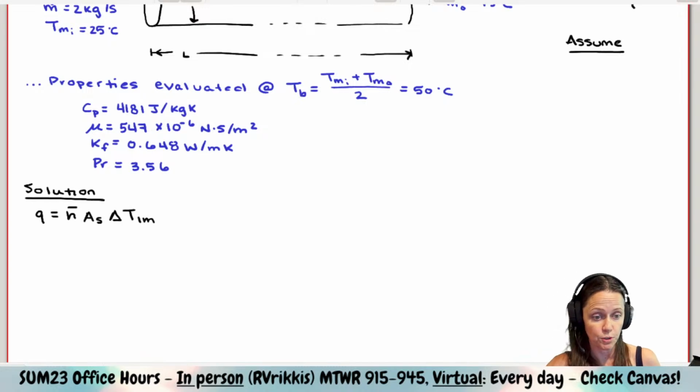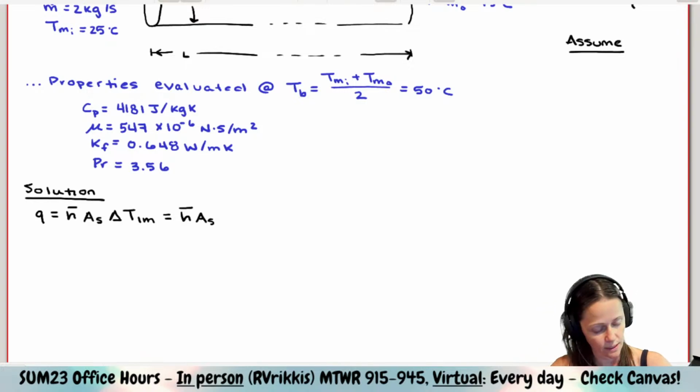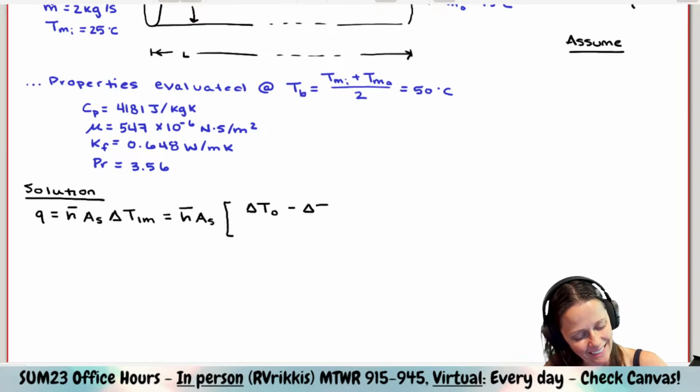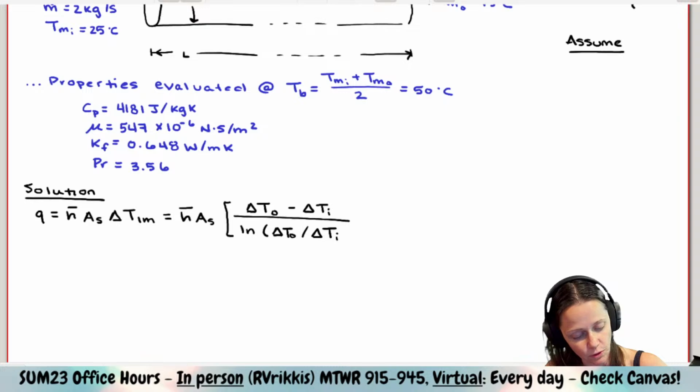And that log mean temperature difference is defined as delta T outlet minus delta T inlet over the natural log of the ratio of those two, delta T outlet over delta T inlet. This is straight off of your equation sheet.